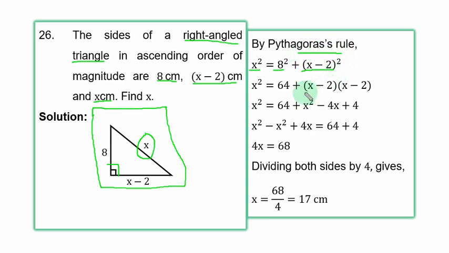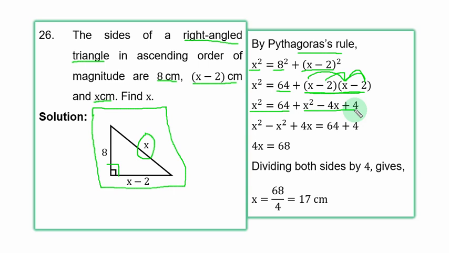Because of the square, you write it 2 times, so we have s squared equal to 64 plus the other term. When you expand this, you take s times s, s times minus 2, then minus 2 times s, minus 2 times minus 2. When you do that, you have s squared minus 4s plus 4.